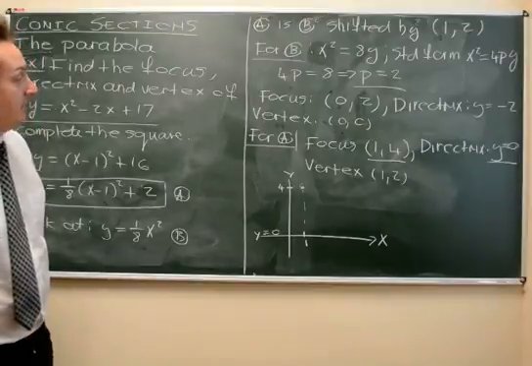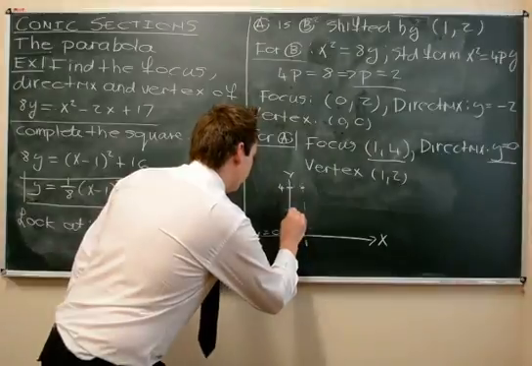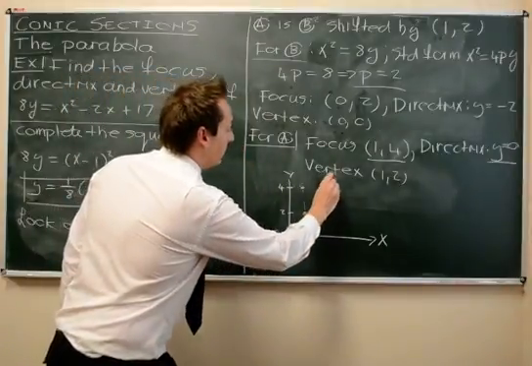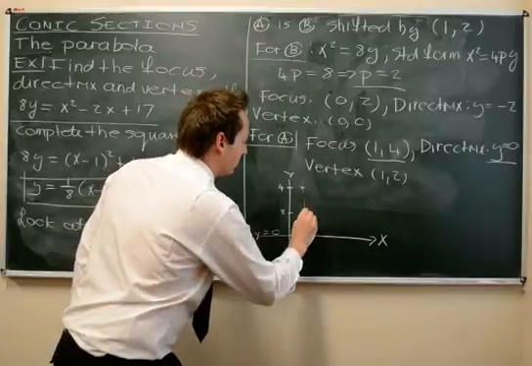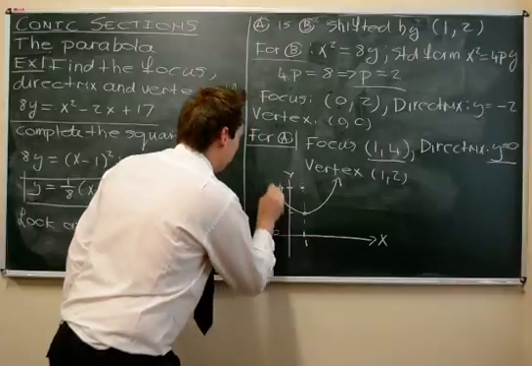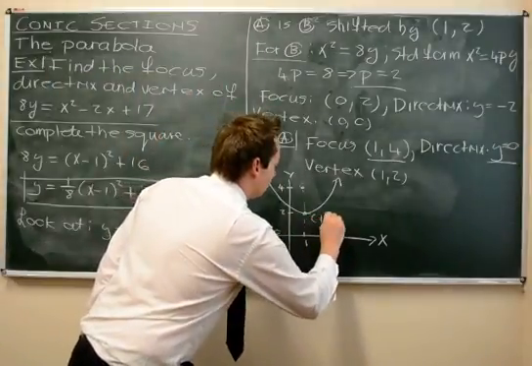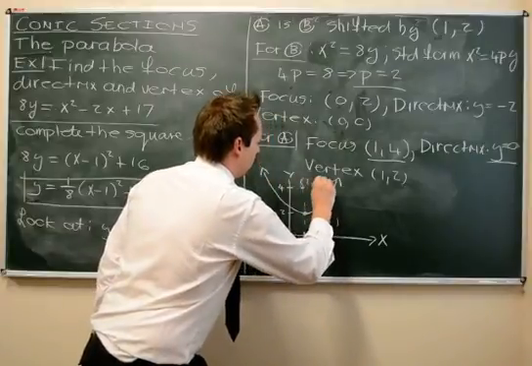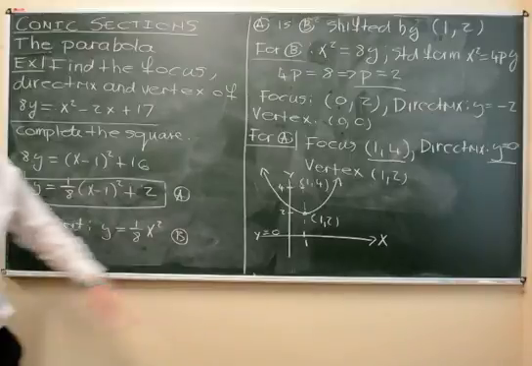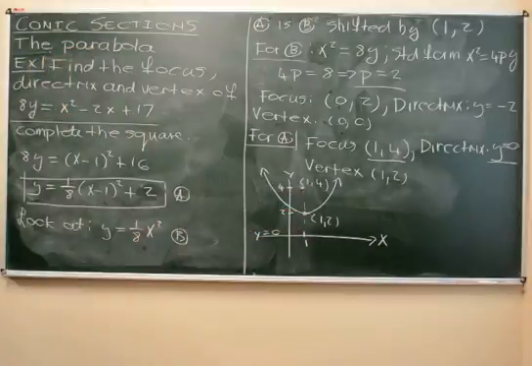And our vertex is at (1, 2). So our parabola is going to look something like that. Let's just fill everything in. There we go. We've got our directrix indicated, our focus, and our vertex.